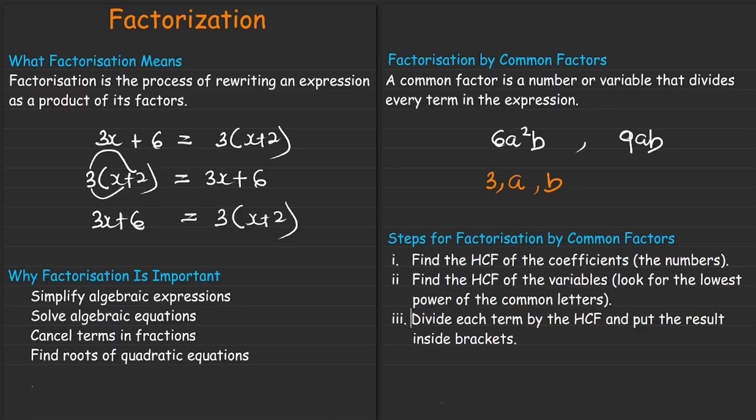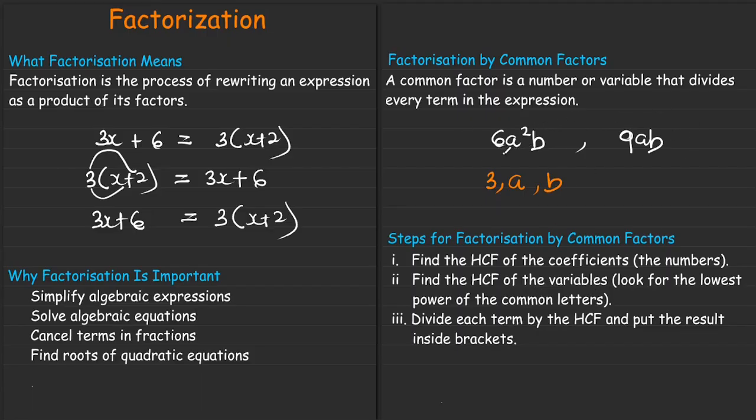With the help of common factors, these are the steps that we can use to factorize. The first is we find the highest common factor of the coefficients, and by the coefficients we mean the numbers. After finding the highest common factor, you now find the highest common factor of the variables. For the variables, you take note, you look for the lowest power of the common letters.